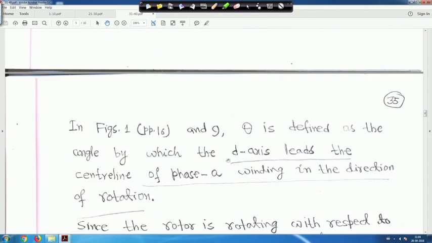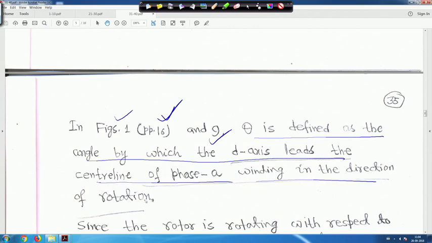Now from figure 1, it will be page 16. I am not going back again. On page 16, figure 1 and figure 9, theta is defined as the angle by which the D axis leads the central line of phase A winding in the direction of rotation.